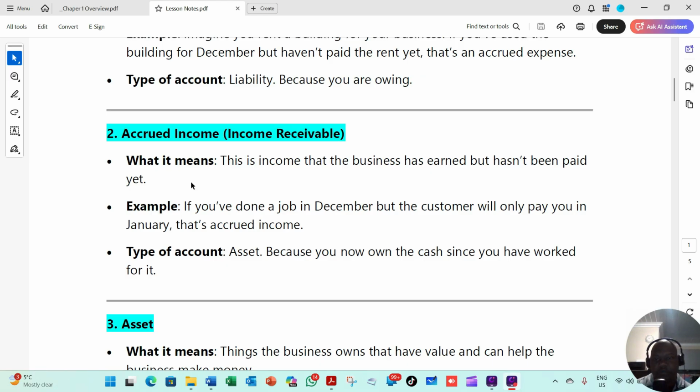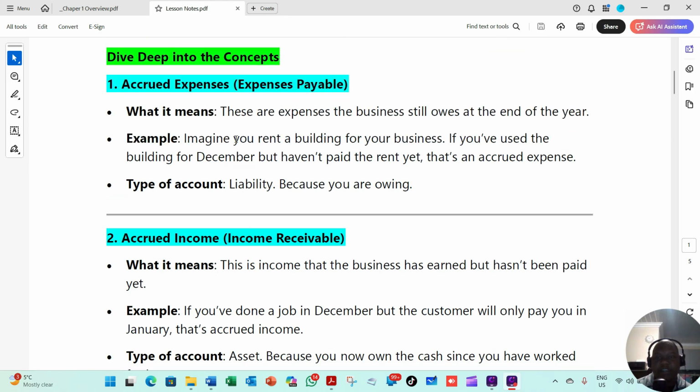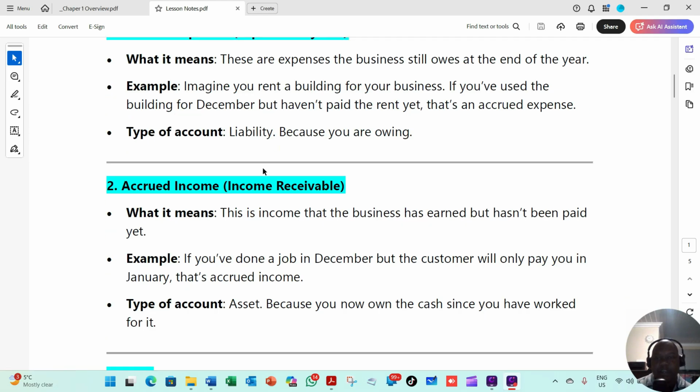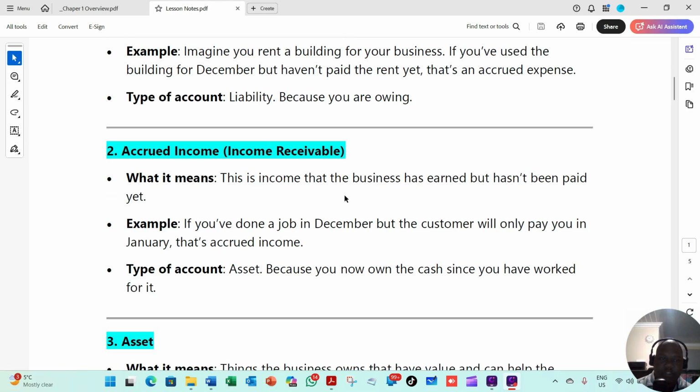So what is it? It is income that the business has earned but has not yet received. Here someone is owing us. It's unlike an expense, wherein we are owing somebody. Now it is someone outside of our business who is owing us. So this is the income that we have earned but have not received yet.